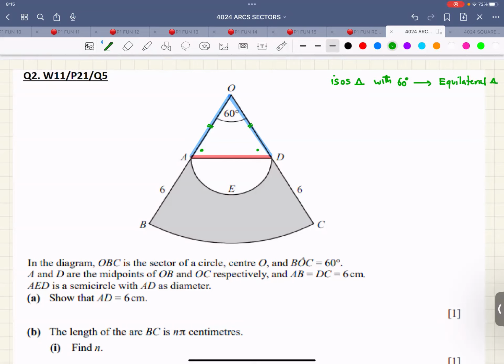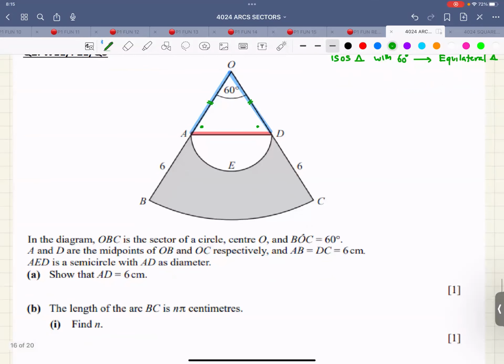So therefore, AB and DC is equal to 6, so AB is 6 and DC is 6, and what else is there? Show that AD is equal to 6. So now we have to write this. What else is there?